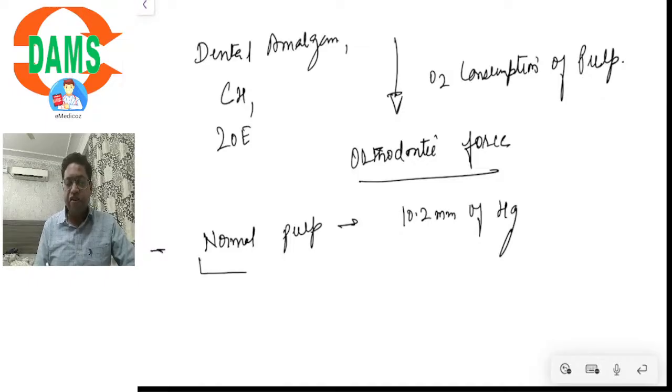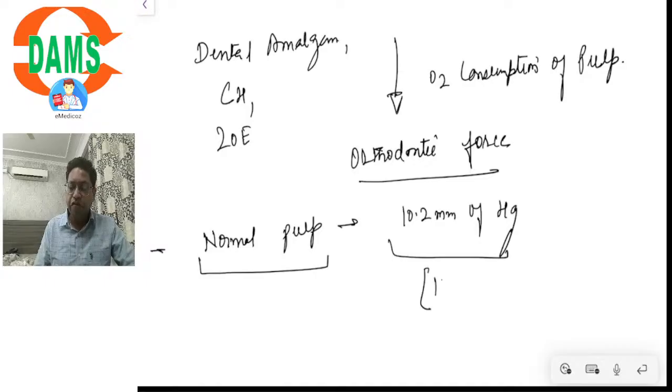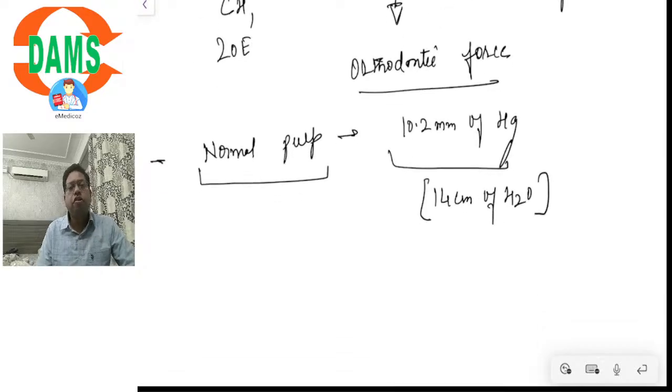Similarly, whenever there is circulation in the normal pulp, the pulpal pressure is 10.2 millimeters of mercury. If we are measuring the pulpal pressure by the water column and not by the mercury column, it would be 14 centimeters of water column. Okay, normal. So, what happens in the inflammation of the pulp?